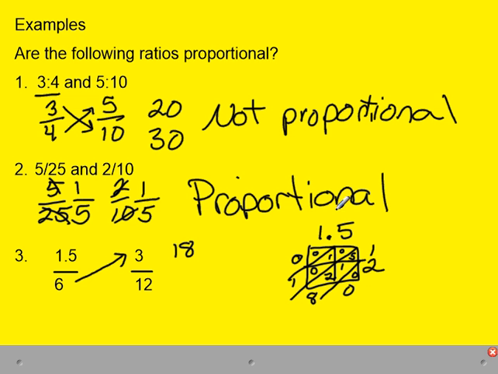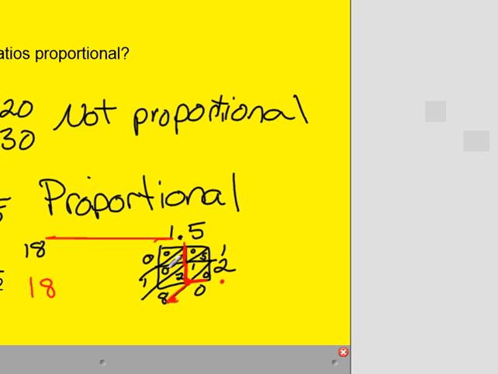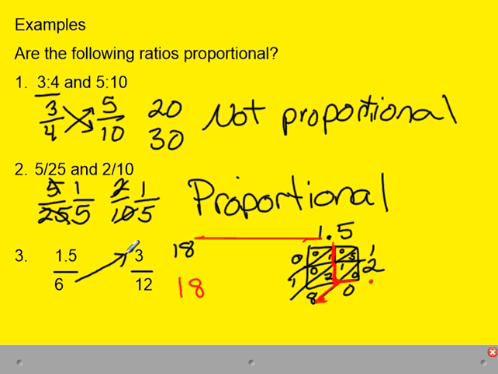So when we are multiplying decimals, we slide that decimal point down, and our hidden decimal in 12 is after the 2. So I'm going to slide that over, slide that down. Where they meet right here is going to be where my decimal point is. So 1.5 times 12 is 18. Notice that these two numbers are equal, therefore it is proportional for this third example as well.